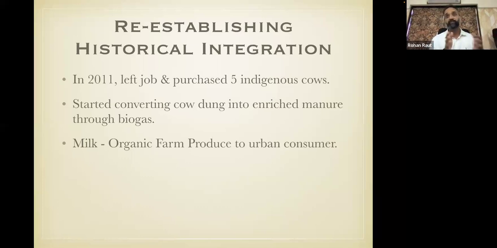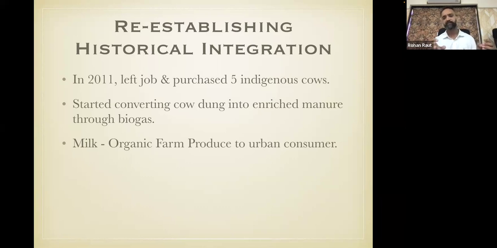In history, before 1990 or so, we had this integration in every village of India. We had cows, we had chickens, we had goats in every village.